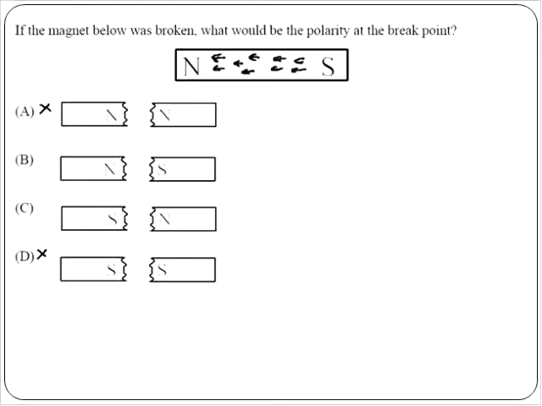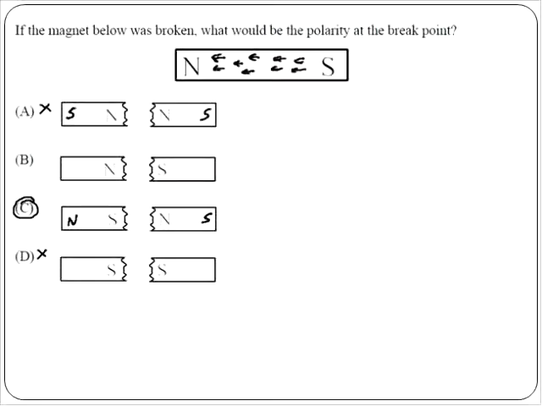Because the dipoles are all still going to be pointing to the left. So that means that the two halves that I have left over are going to have a north pole on the left of each piece and a south pole on the right of each piece. That's this guy. Right? North-south, north-south. We have to have two identical magnets left over when we crack it in half. So we knew it had to be either B or C, right? It couldn't be A because, look, north-south, south-north.